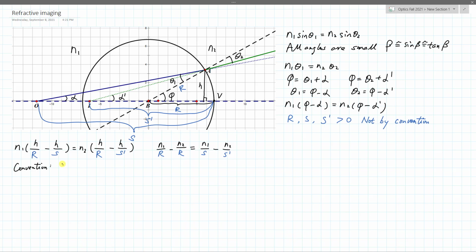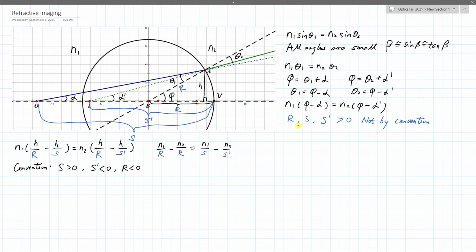So we have this s here. And we also have s prime, which is going to be a negative quantity. So s is a positive quantity by convention, s prime is a negative quantity by convention. And the r, because we have a concave surface, is negative. So that's how these are.